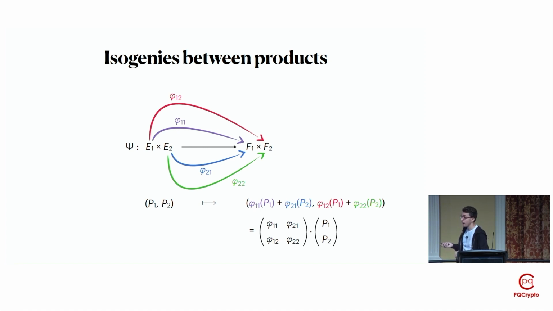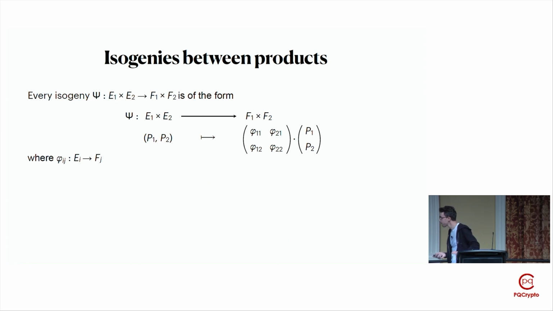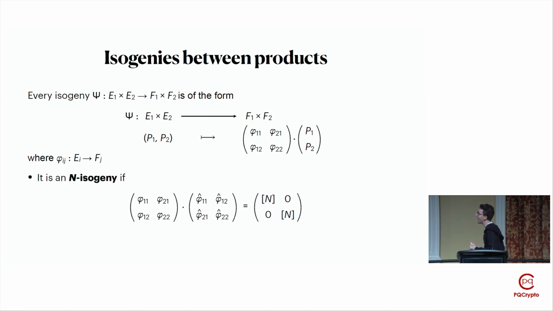What I claim is that any isogeny between two such surfaces is of this form. Whichever isogeny you have between two products of elliptic curves, it always actually is a matrix of one-dimensional isogenies. Some of these are more interesting than others. The interesting ones are the ones we're actually going to be able to compute, and we call them n isogenies.